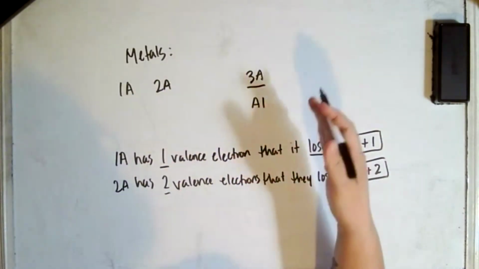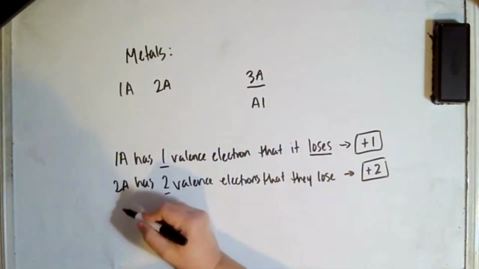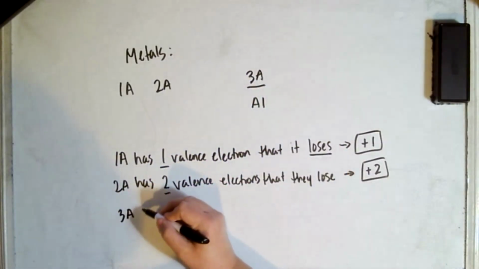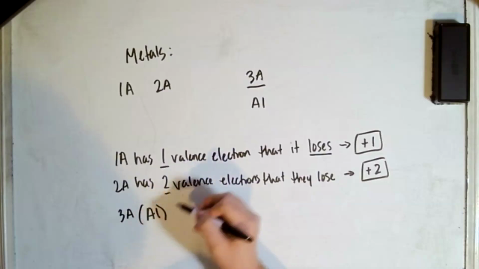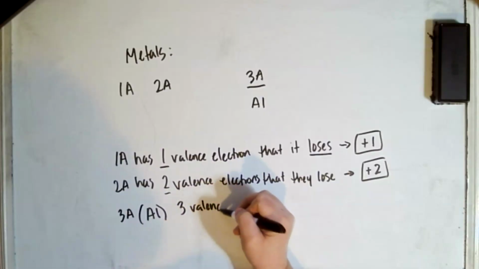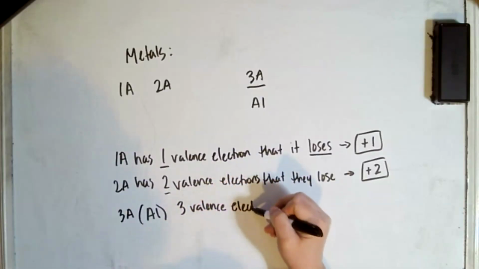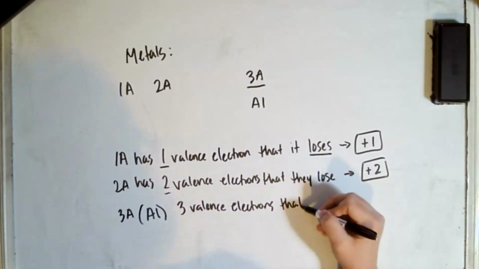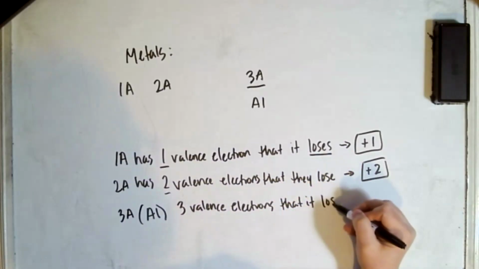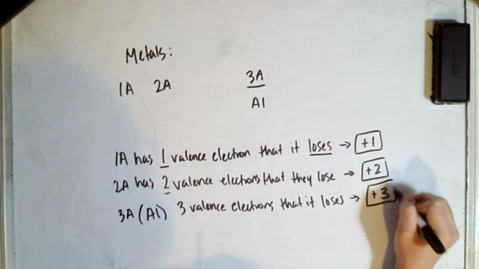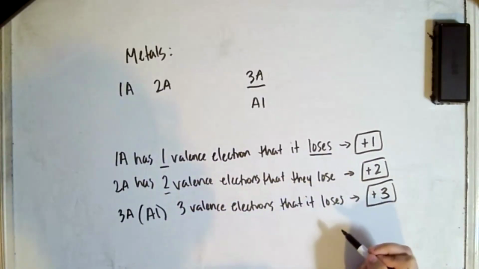And then aluminum is in group 3A. It has three valence electrons that it's going to lose. I'm going to put aluminum here specifically. So aluminum is always going to have a +3 charge because it's always going to lose three valence electrons.